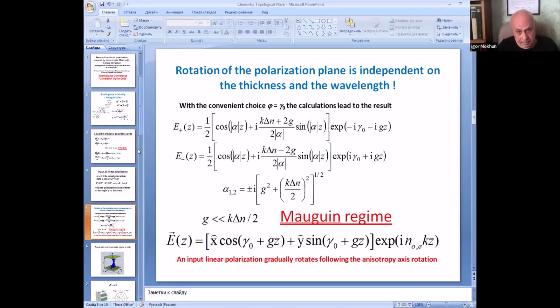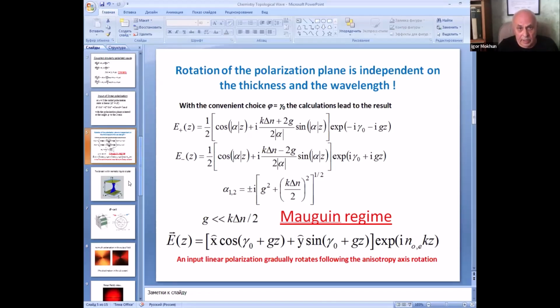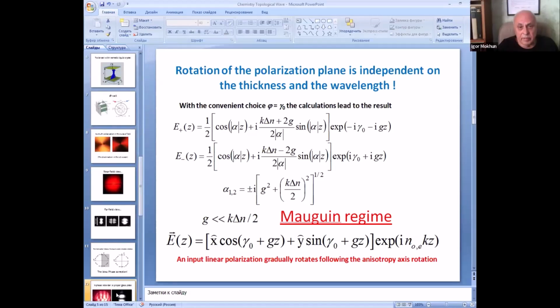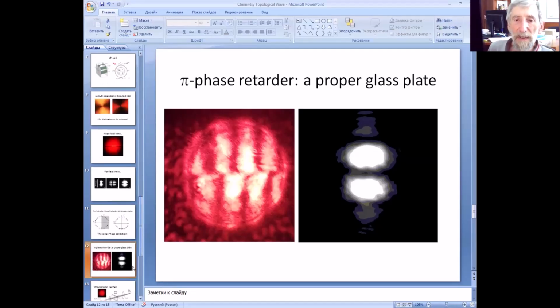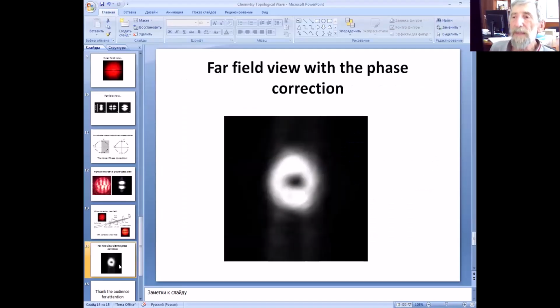Thank you. The second question is, you need the phase corrections with absolute accuracy. Have you some estimations for this? Well, the quality of this phase corrector cannot be very high, because if the difference in phase will be not exactly pi, plus or minus some percentage, then the quality of the output picture will be a little bit worse.